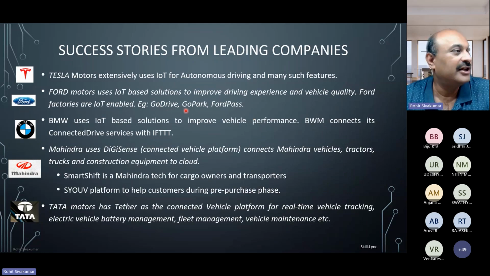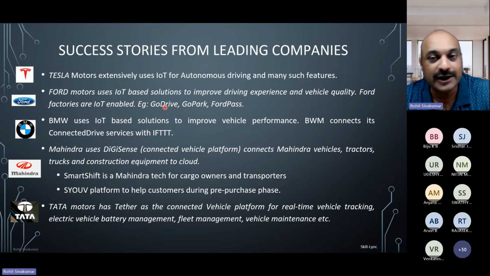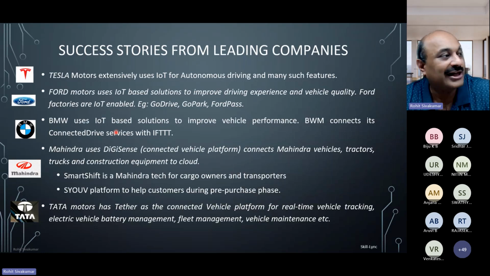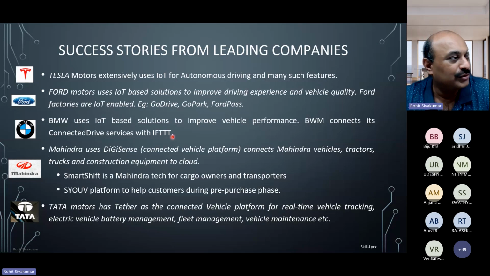So basically, Go Drive is the automotive driving experience of allowing it to self-drive itself, to park itself. Go Park is a similar such technology. BMW has an IoT-based solution which connects to its platform called Connected Drive Services with IFTTT. So it's basically to get your vehicle performance at an optimal level. So those are things which happen out of these platforms.